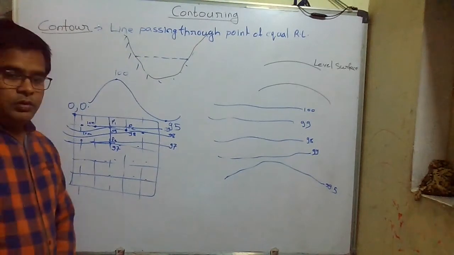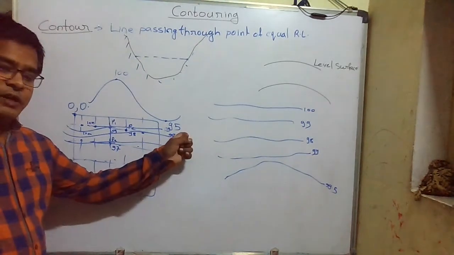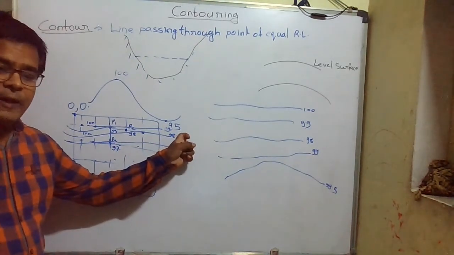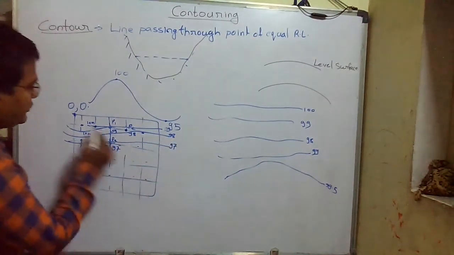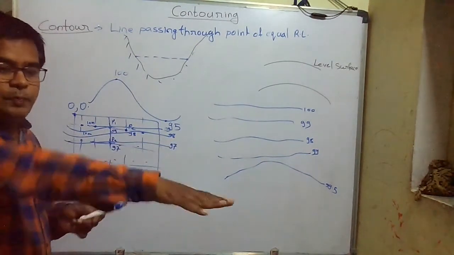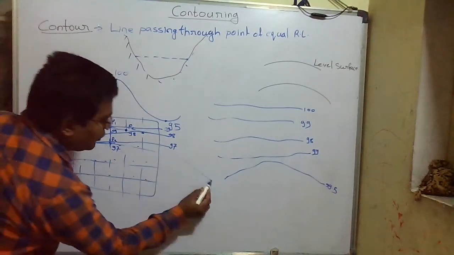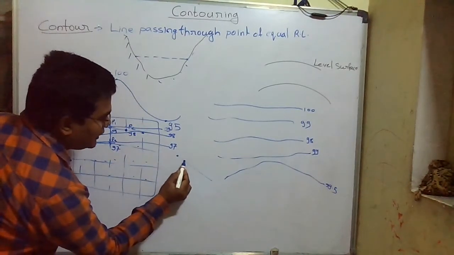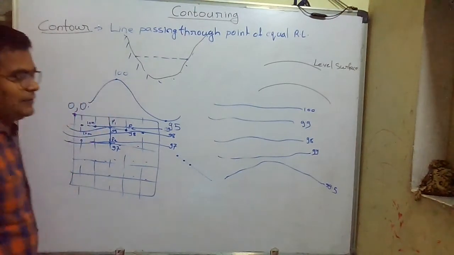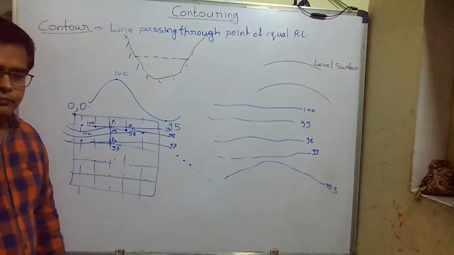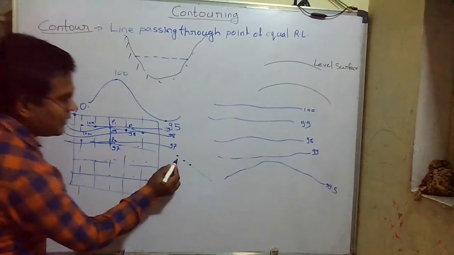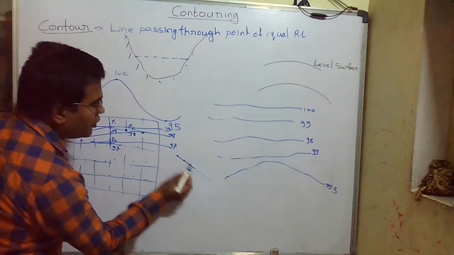Now, is this a better representation? What idea does it give me? It gives me the idea that this area is sloping, where this is the line of 99, this is 98, and this is 97.